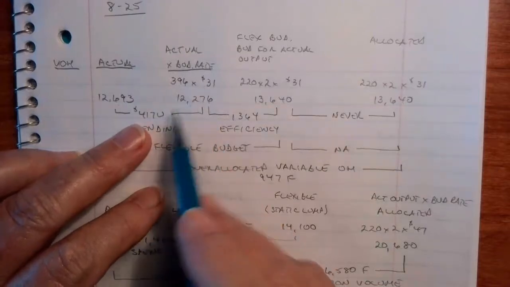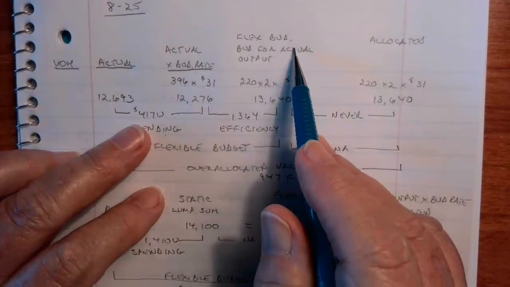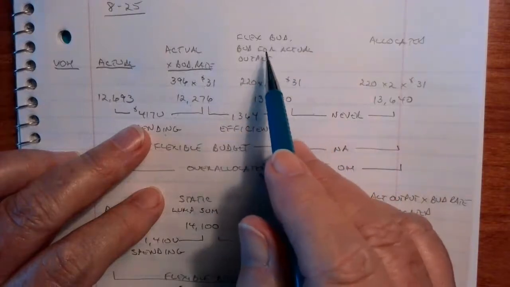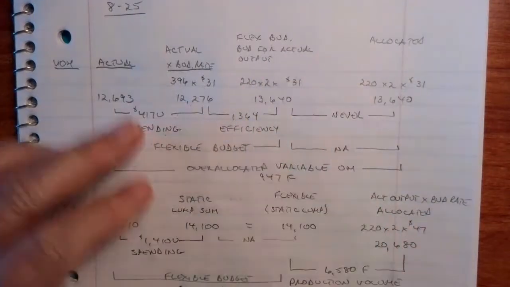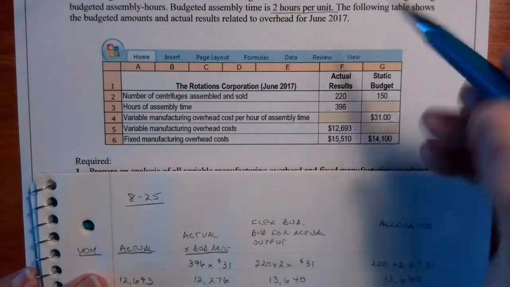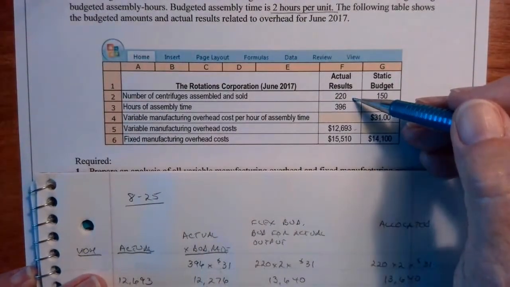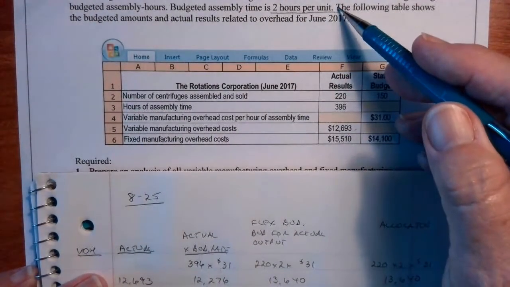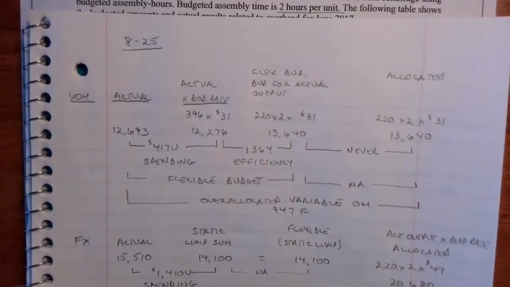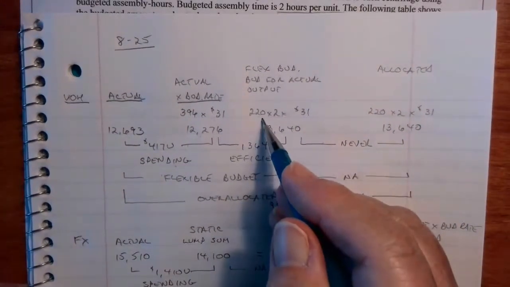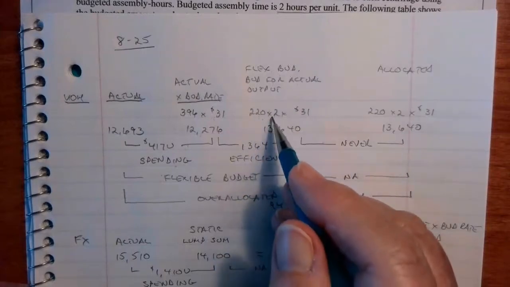So now the next is flexible, and it's the flexible budget, and that's budget for the actual output, right? So we have 220 centrifuges, and they take 2 hours per centrifuge. So that's our quantity. So 220 would be our budgeted quantity.